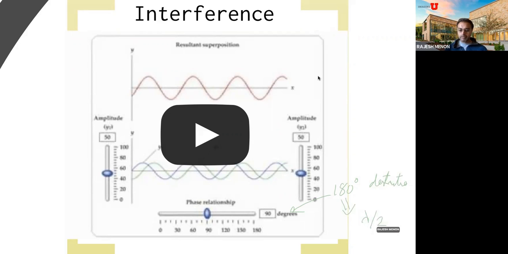If you think about the wave, this is one wavelength, lambda, and this is half the wavelength. If I shift this wave by half the wavelength, what happens? I didn't move enough, sorry, let me redo that.